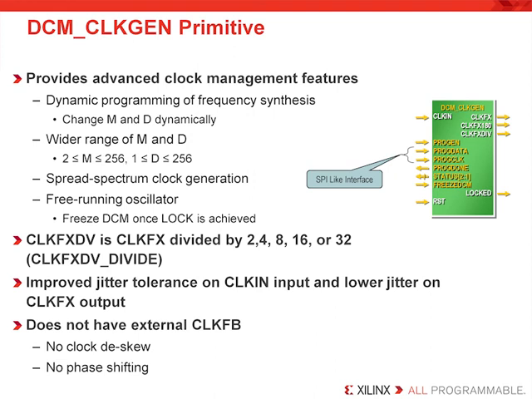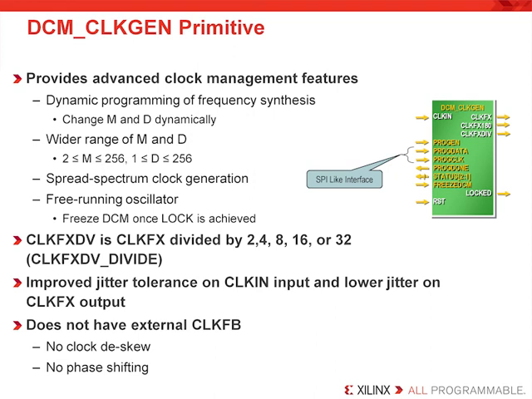It also supports a spread spectrum clock generation functionality, and also allows you to generate a free-running oscillator by freezing the DCM output once lock is achieved and allowing the designer to remove the input clock if they would like. Now, as an FYI, if you're going to be changing that dynamic programming of the frequency synthesis, this will be done with a SPI-like interface that we'll have a chance to look at later, and this is a very common and easy-to-use interface.